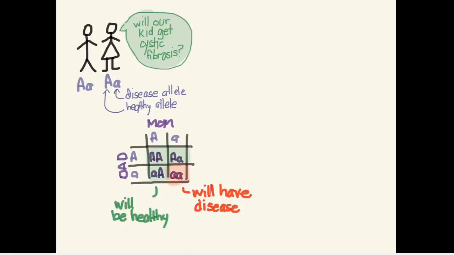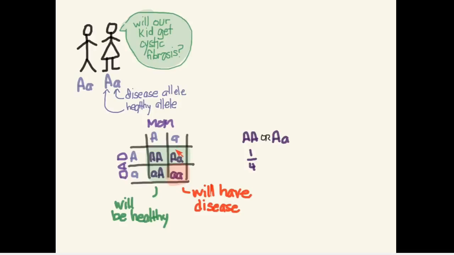So what are the ways that a kid will be born and will be healthy? Well, they can either have two healthy alleles, or they could have one healthy allele and one unhealthy allele. So what's the probability of getting this? Well, if we look over here, it's 1 out of 4. And what's the probability of getting one of each, being heterozygous?